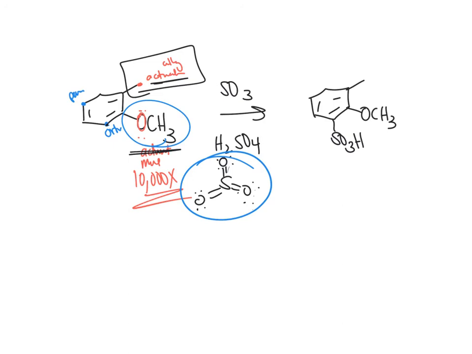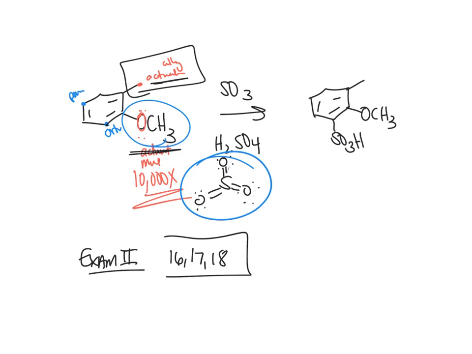So for your exam 2 coming up on Thursday, it will be over chapters 16, 17, and 18. And so 18 is POGIL 21, and it's talking about aldehydes and ketones.